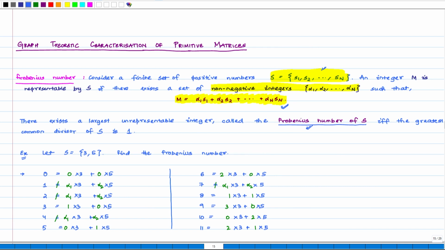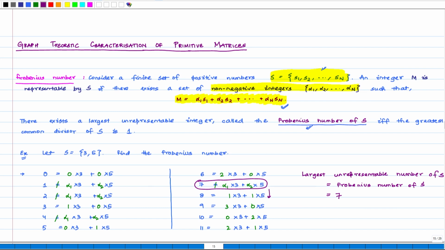So notice that any number which is larger than 7 will actually be representable using the numbers 3 and 5, meaning that the largest unrepresentable number of the set S, which is, in other words, equal to the Frobenius number of S, is equal to 7.